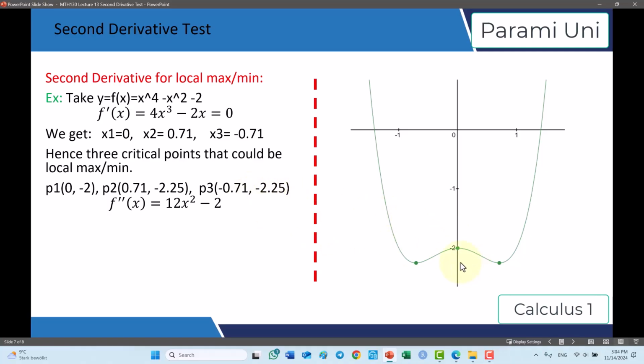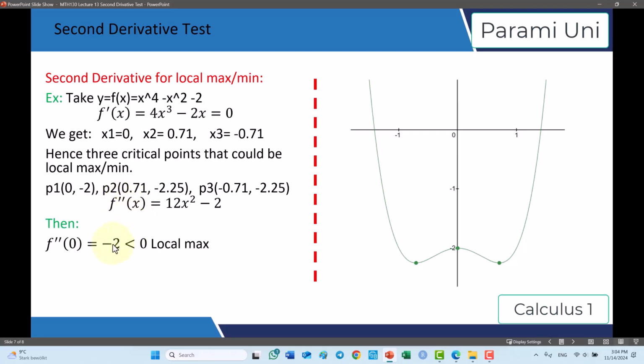Now, in order to specify which one is a local maximum and which one is a local minimum, we take the second derivative. f double prime of x is 12x squared minus 2, then f double prime of 0 is minus 2, therefore this is a local maximum. In other words, we evaluate f double prime at 0, at this point 0.71 and at this point minus 0.71.